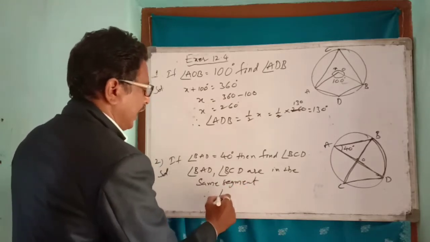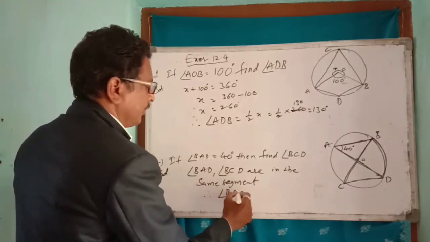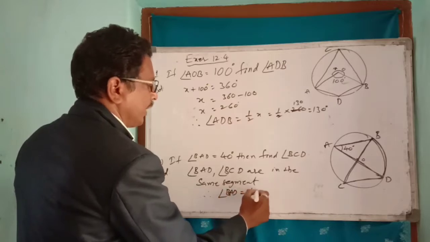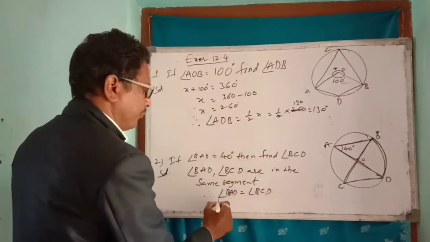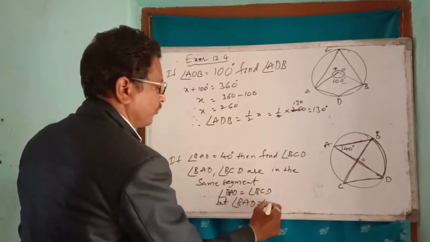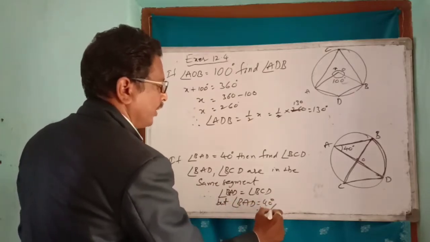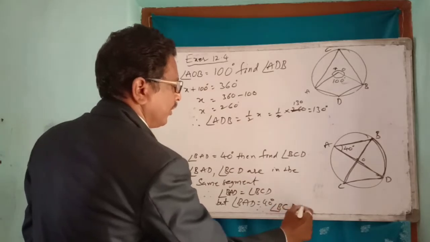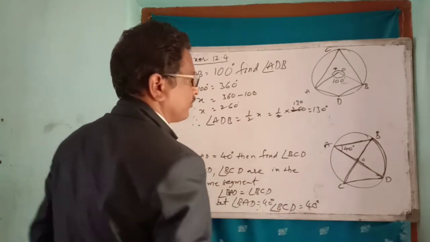Therefore angle BAD equals angle BCD. But angle BAD, how much is given? BAD equals 40 degrees. Therefore angle BCD is also 40 degrees.